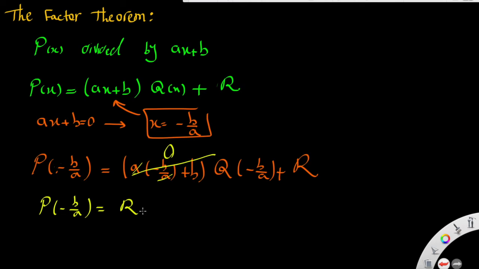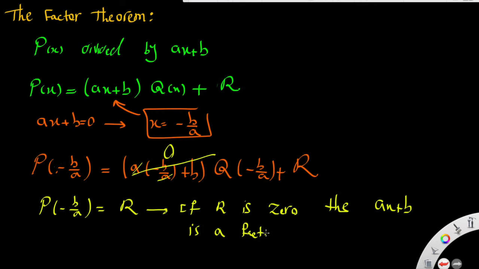It means that if r is 0, then ax plus b is a factor of p of x. So how can we find this remainder? By just substituting the root of your divisor into the polynomial.